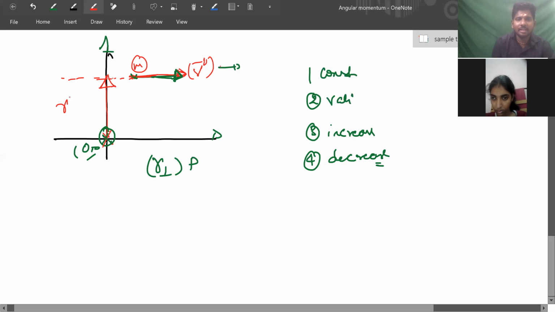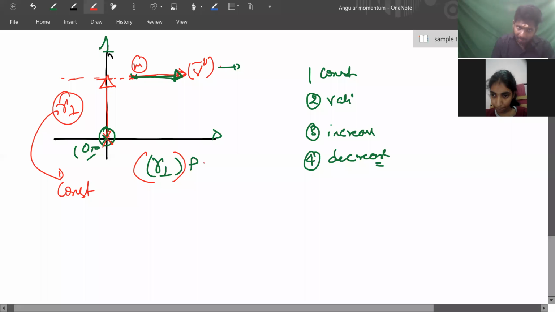R perpendicular is constant, the distance between the momentum vector line and the point about which you want to find the angular momentum. So R perpendicular is constant, momentum is also constant because it is going in a straight line with constant velocity. So we can say the angular momentum will be constant. This is one of the previous year's questions.